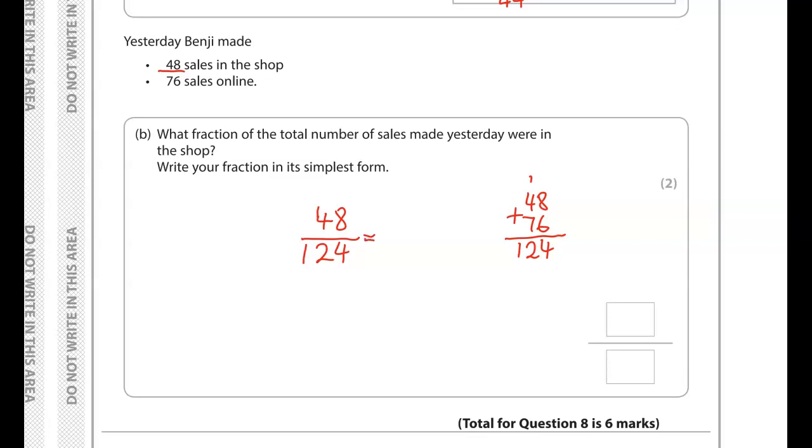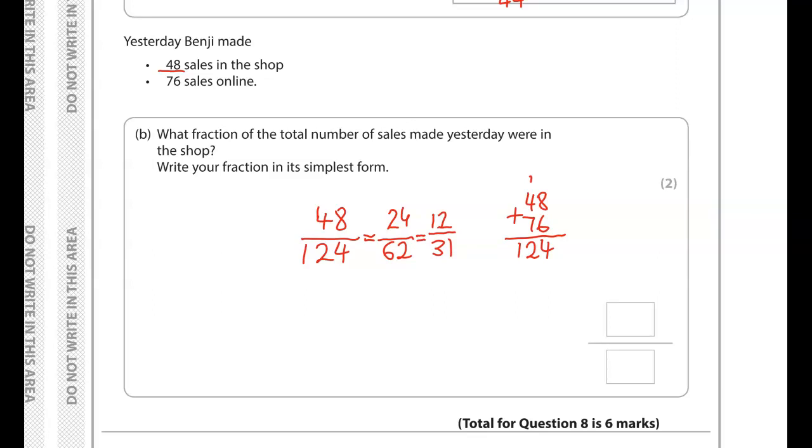We can divide both numbers by 2, so 48 halved gives us 24, and 124 halved gives us 62. We can keep going because we can still divide both numbers by 2, so that gives us 12 and 31.